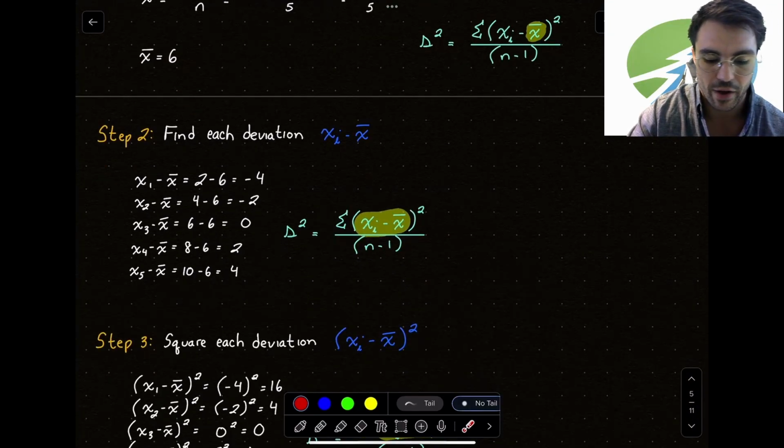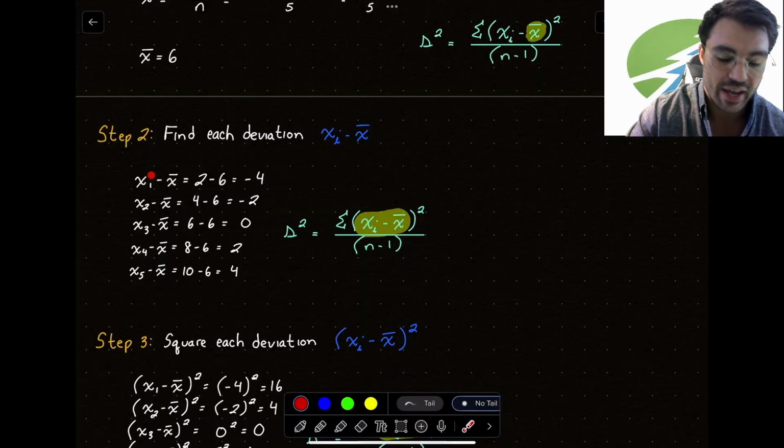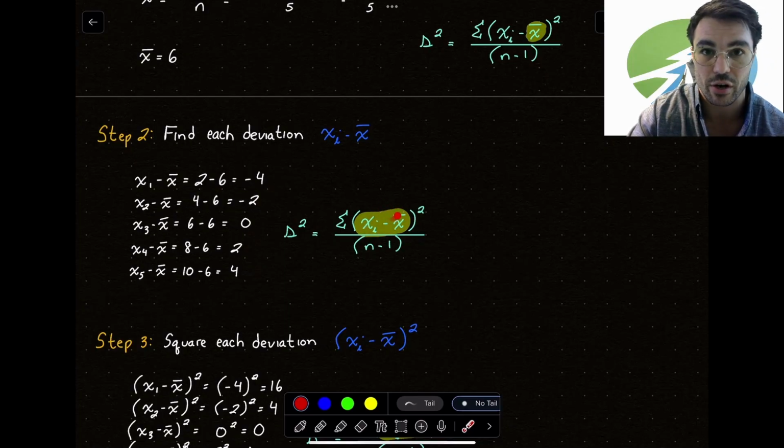Step 2, find each deviation. We take each observation and subtract the mean from it, subtract X bar from it. So here we have each observation minus the mean, and we get -4, -2, 0, 2, and 4, and that's the inside of the parentheses portion of our equation here.